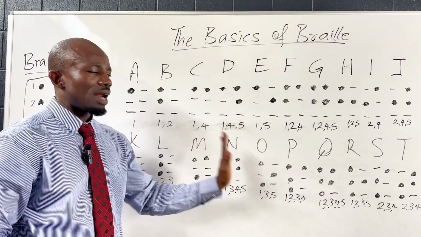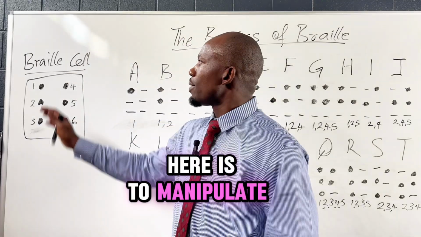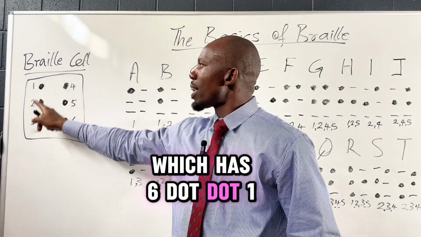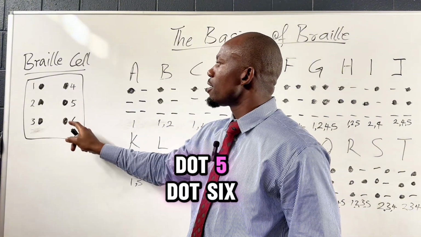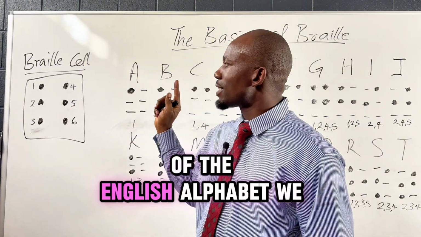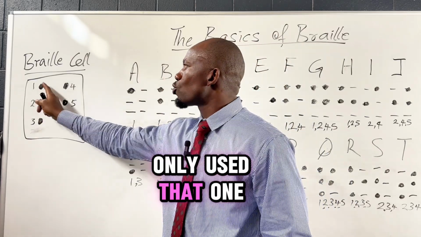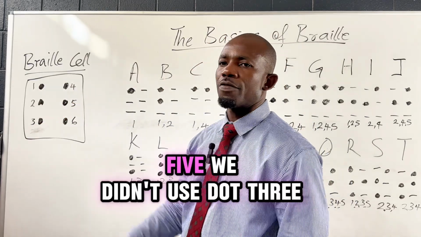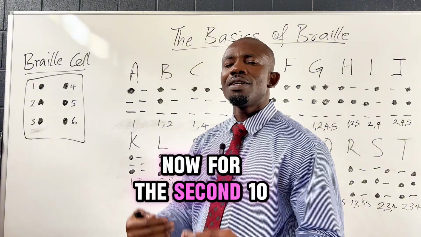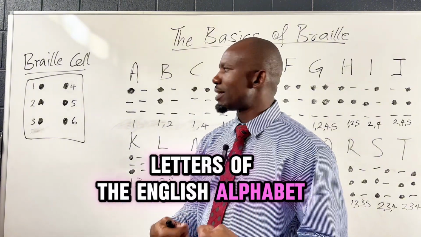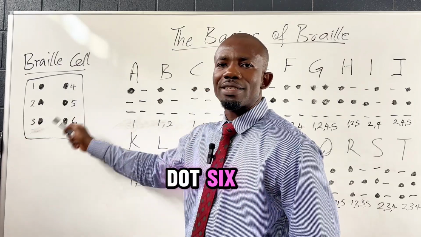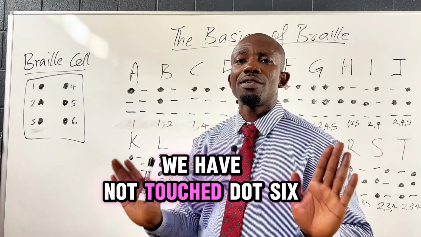Look at it. And all we have done here is to manipulate this Braille cell, which has 6 dots: dot 1, dot 2, dot 3, dot 4, dot 5, dot 6. In the first 10 letters of the English alphabet, we only used dot 1, 2, 4, 5. We didn't use dot 3, we didn't use dot 6. Now, for the second 10 letters, we use dot 3, but we have not touched dot 6.